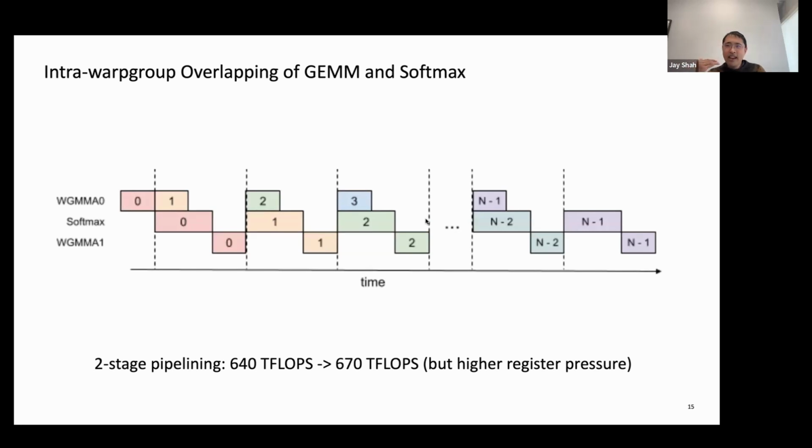Of course, maintaining a separate register buffer to store the scores of the prior iteration is going to increase register pressure. So this is not something you may always want to do, but in practice, we do observe an increase in the teraflops if you use a scheme like this.